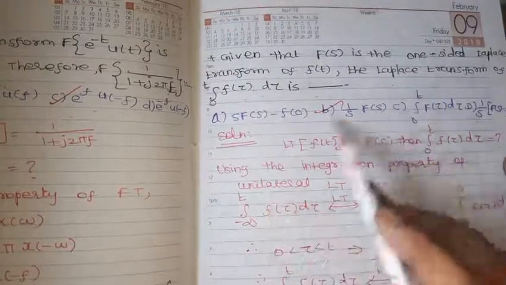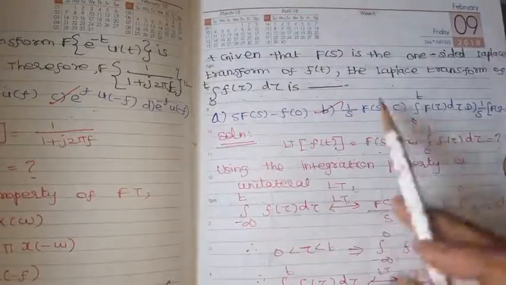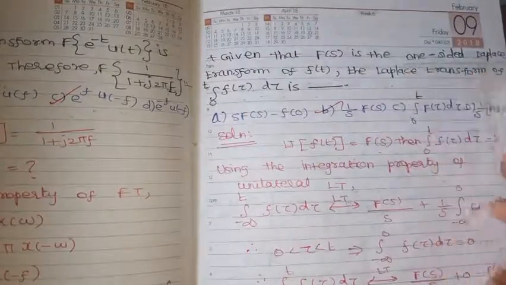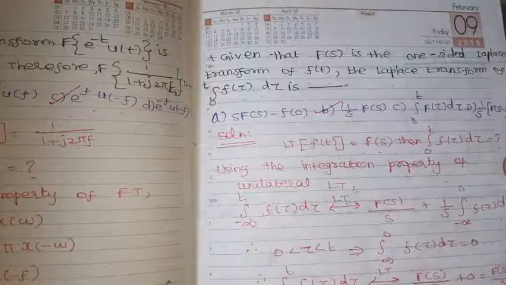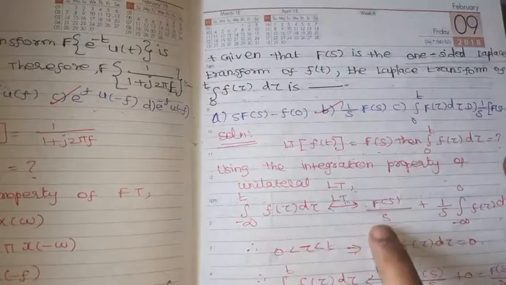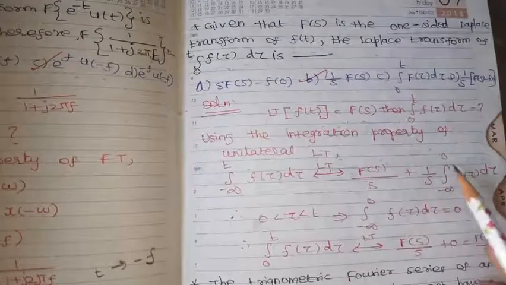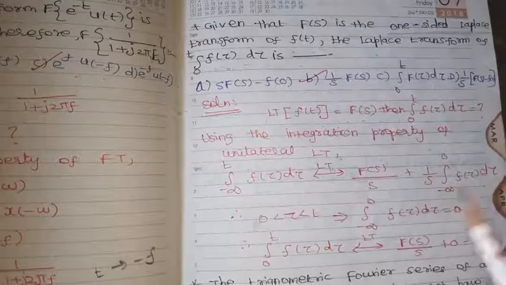Then it is the simple integration property of the unilateral, meaning one-sided, Laplace transform. The integral from minus infinity to t of f of tau d tau is nothing but F of s by s plus, this is the general one, 1 by s times the integral from minus infinity to 0 of f of tau d tau.